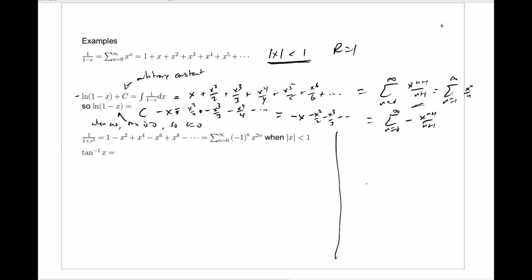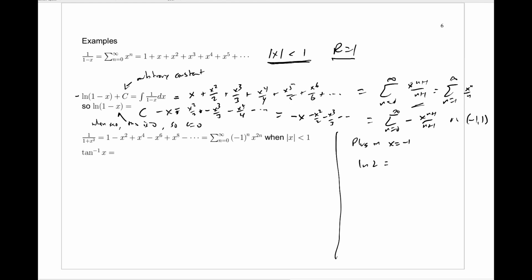Now, I'm going to talk about this one just a little bit more. Notice this is still valid on this open interval from -1 to 1. In other words, the radius is 1, as we said before. But what happens if we were to plug in x equals -1? On the left side, we would get log 2.